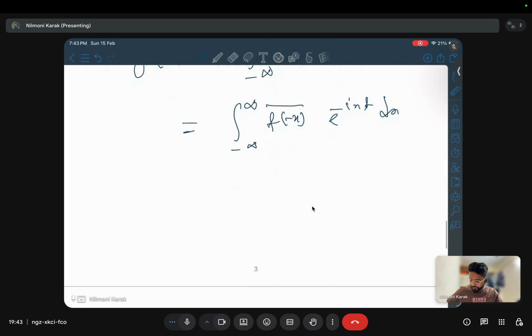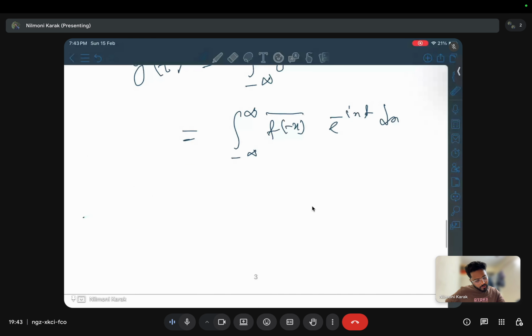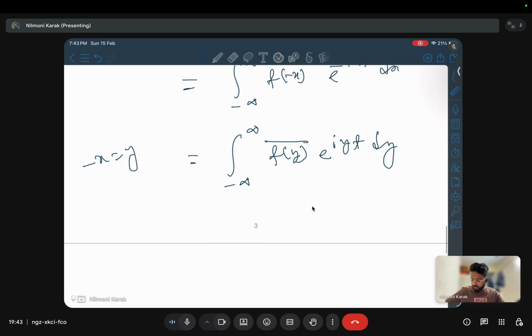Then let minus x equal y, and dx equals dy, so the limits get adjusted, and we have e to the power i y t dy.